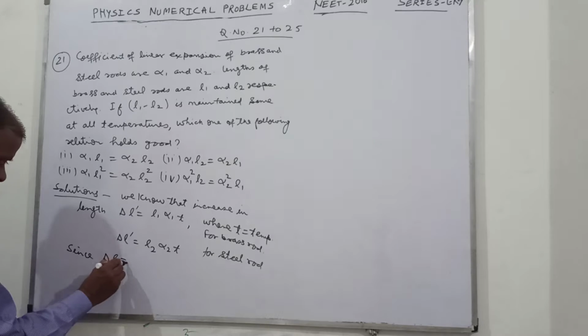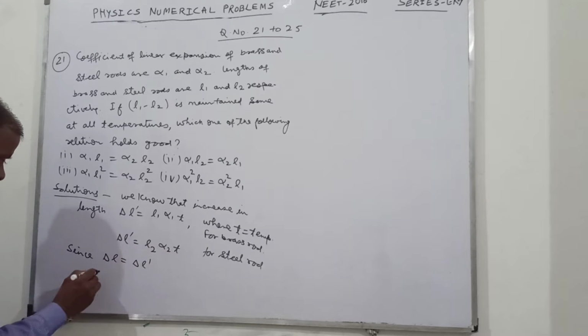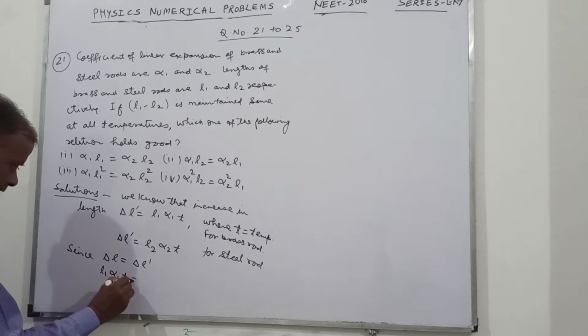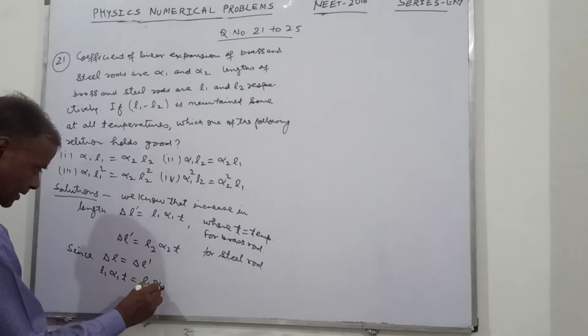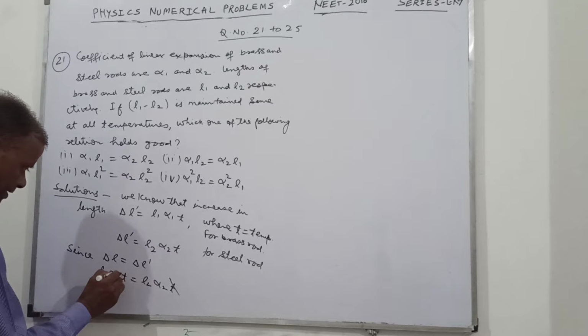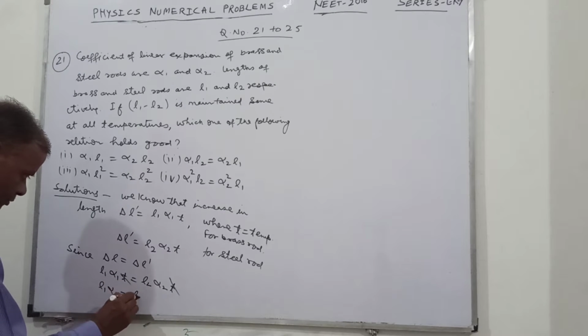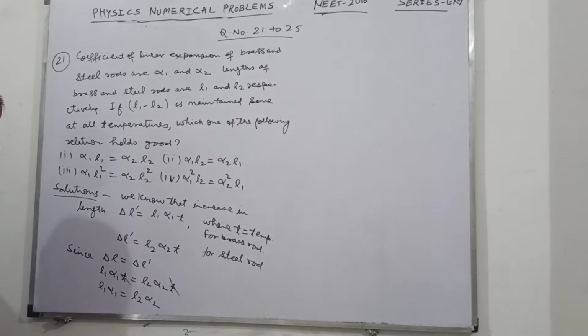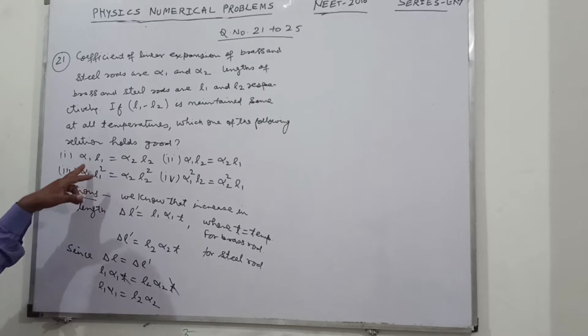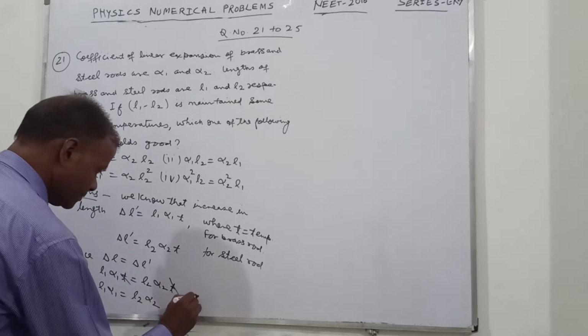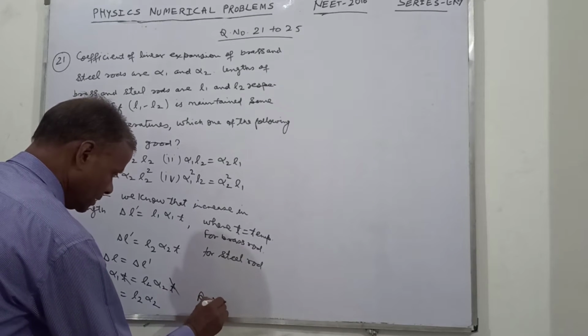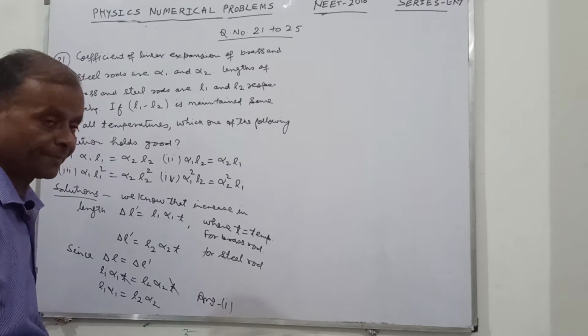Since delta L equals delta L dash, L1 alpha 1 T equals L2 alpha 2 T, and T and T cancel. So L1 alpha 1 equals L2 alpha 2. So our right option is the first. Answer is first.